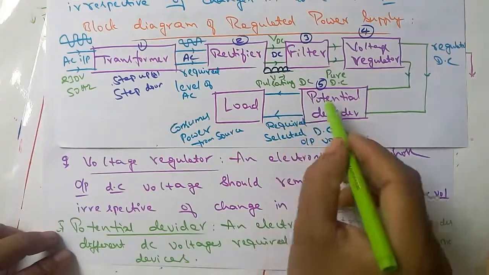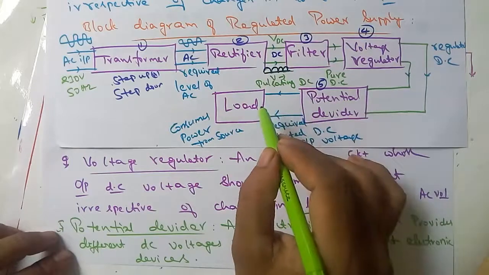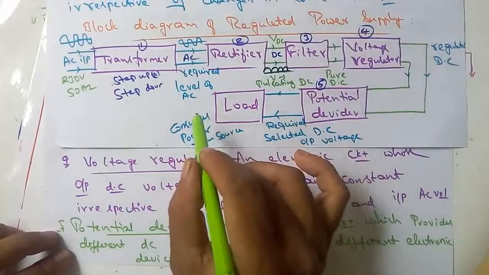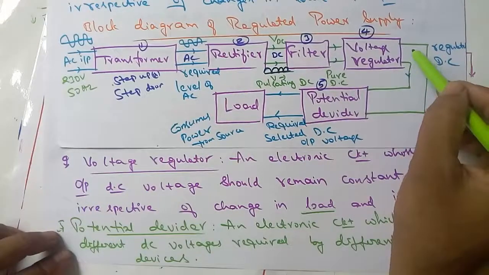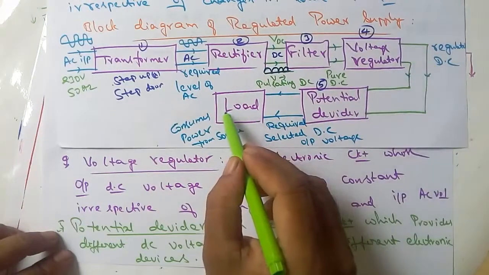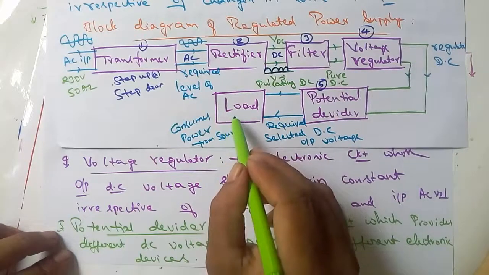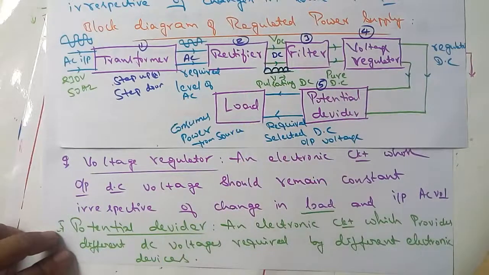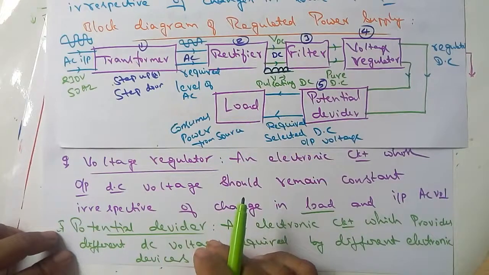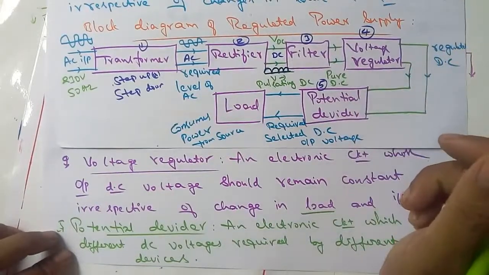The power supply may give exactly 10 volts, but a load that consumes 4 volts would need another power supply to be prepared. So the same power supply is used for different loads.